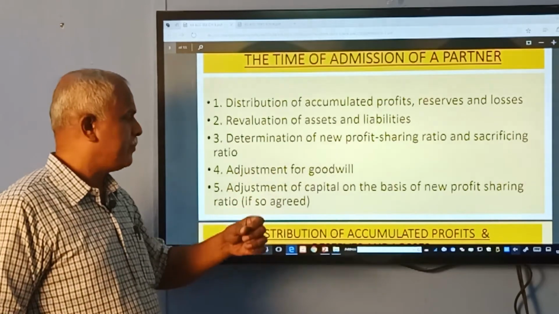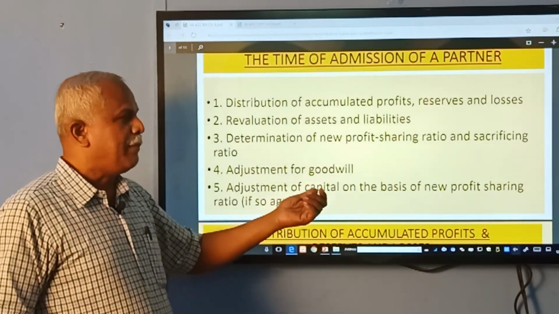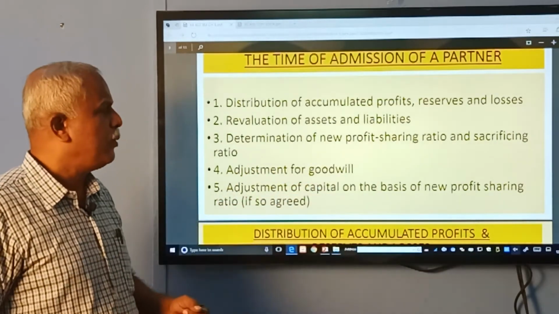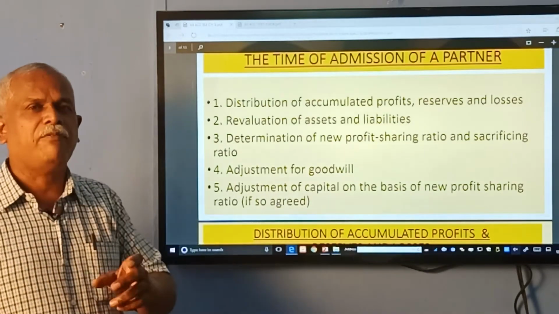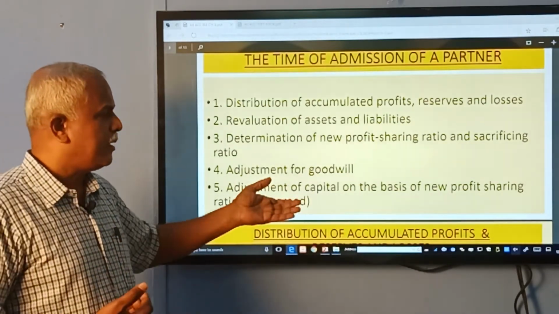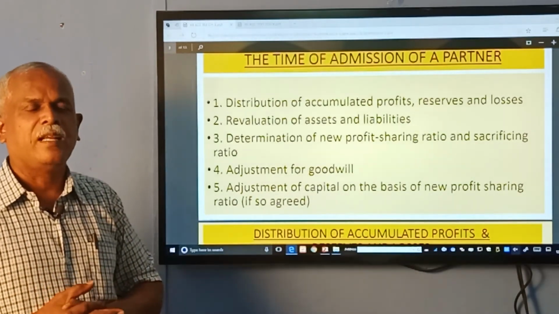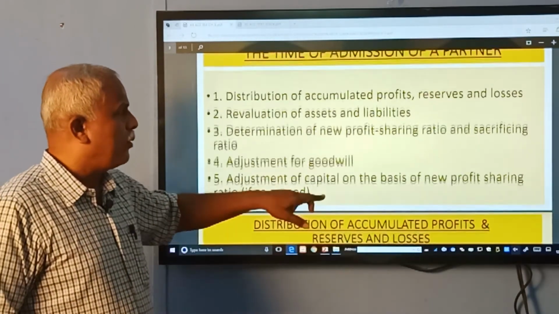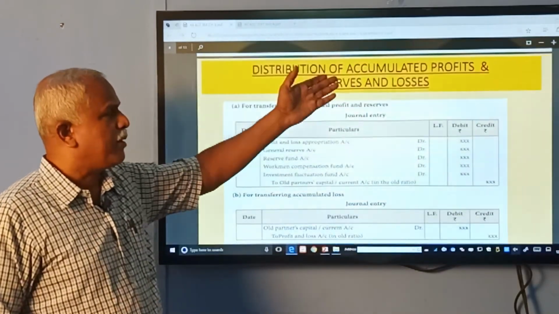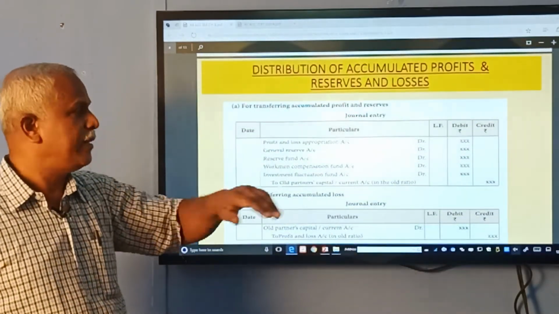How is it treated? Adjustment of capital on the basis of the new profit sharing ratio, if agreed. So, the new profit sharing ratio and the new capital have to be made. Now, how are the accumulated profits, reserves and losses distributed?